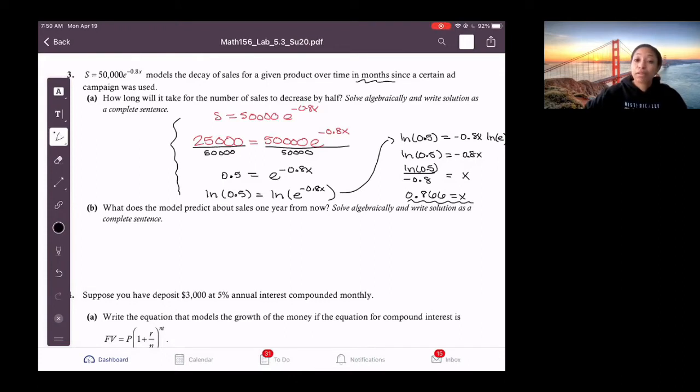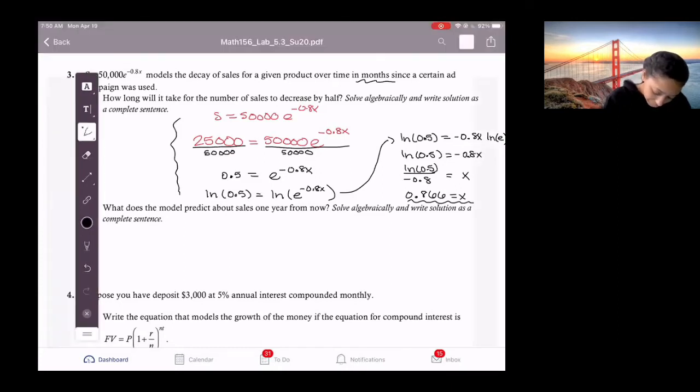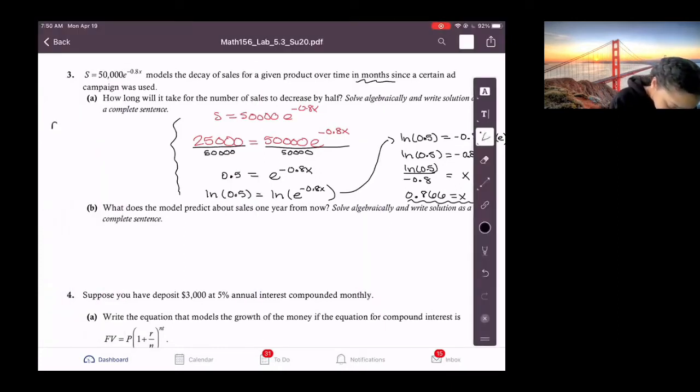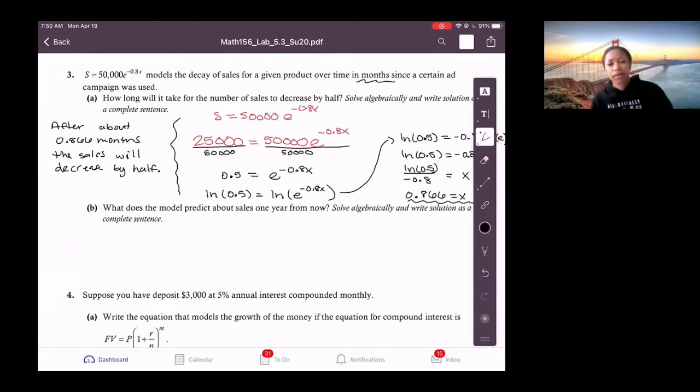So this is saying after about 0.866 months, the cells will decrease or decay by half. So it won't take very long for this to go down by half.